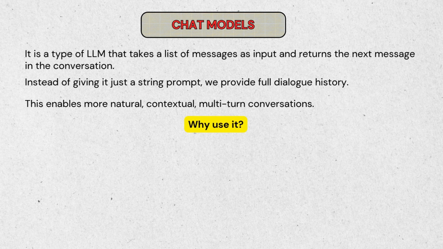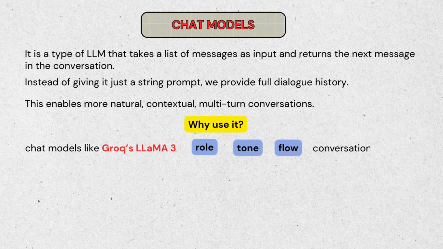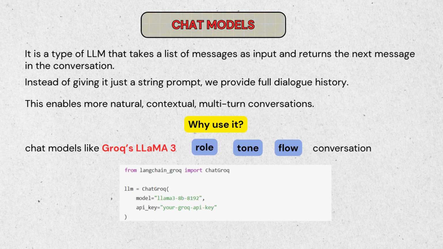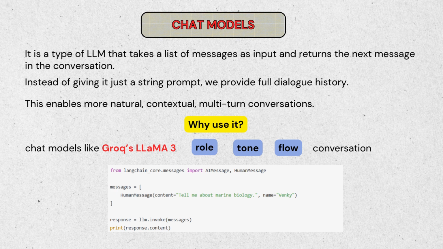Because chat models like Groq Llama 3 are designed to understand role, tone, and flow of the conversation, and they work great for assistant-like experiences. We will be using Groq's API for this. To use it, we pass a list of messages like this. The model processes the messages and returns a smart response.